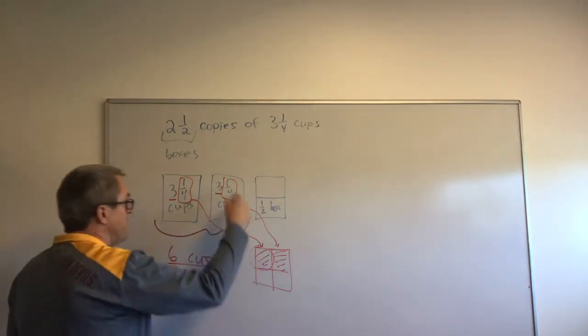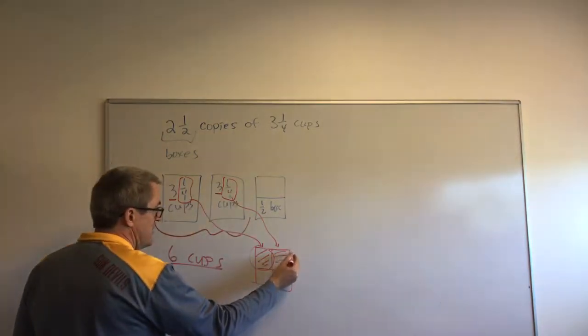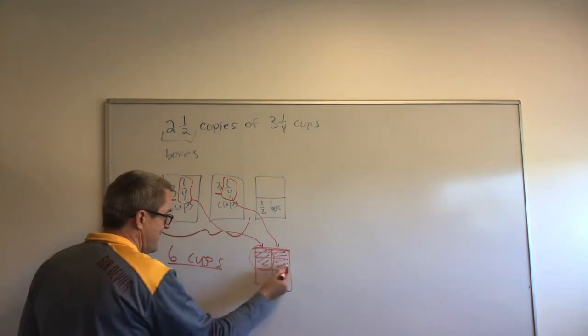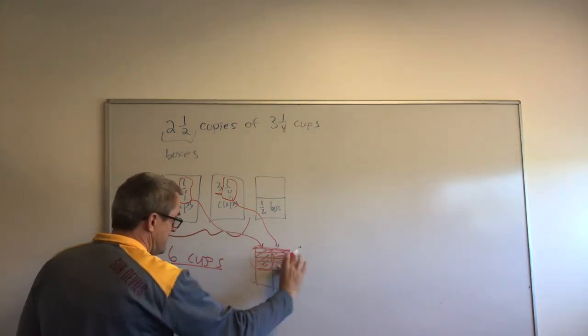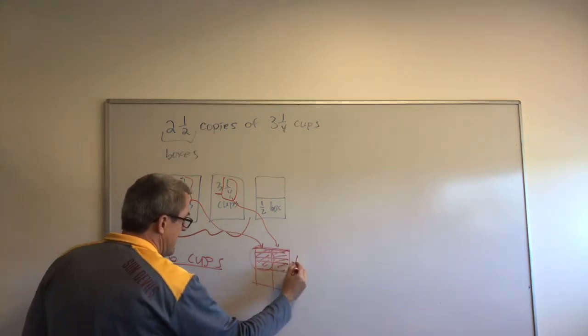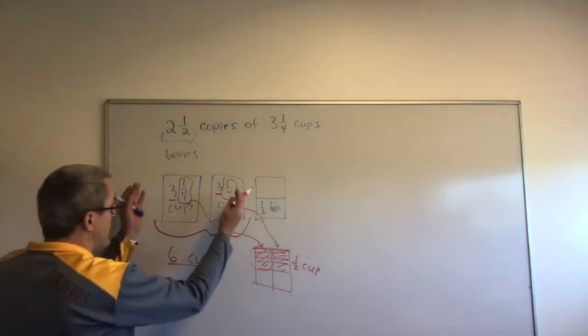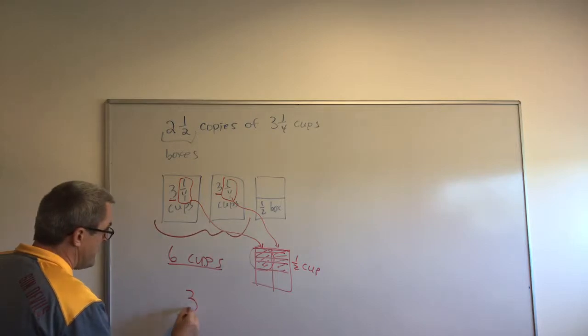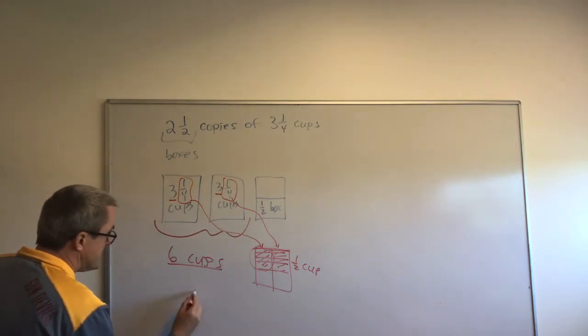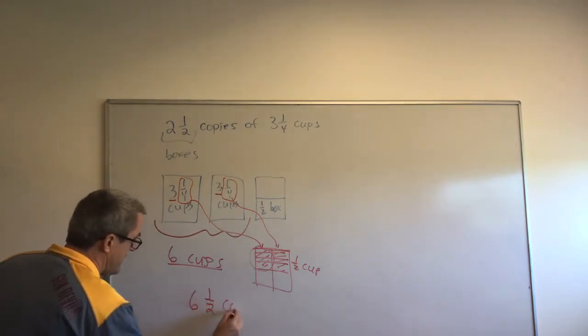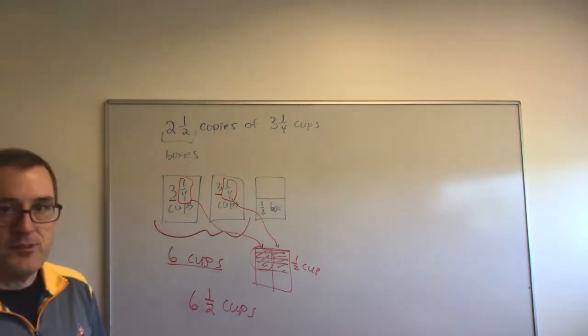We have 1/4 of a cup, we have 1/4 of a cup. Now, notice when I put those two together, we took that cup and we split it into 2 equal pieces. So we now have 1/2 of a cup. So far from eating 2 boxes, we have 6 1/2 cups so far.